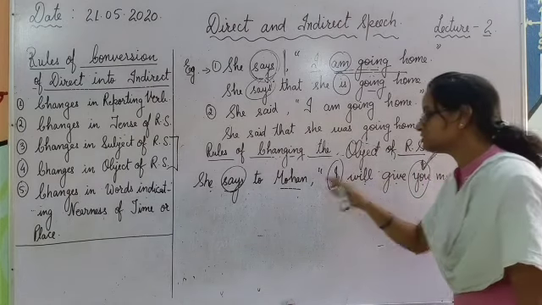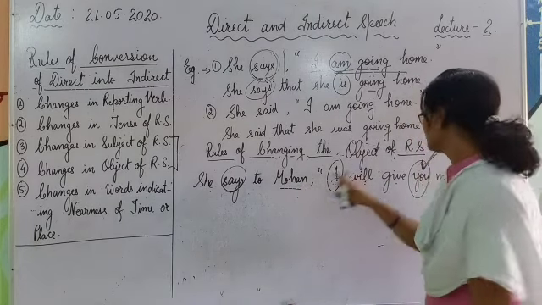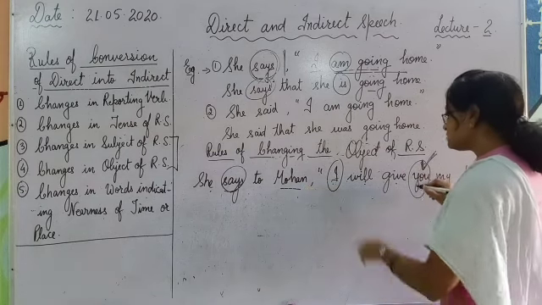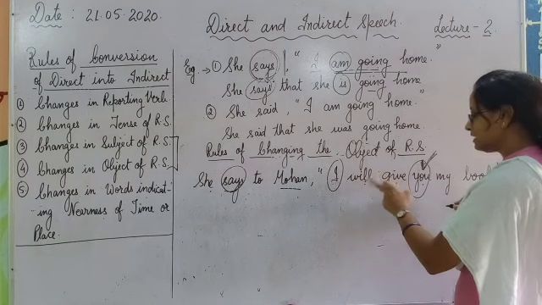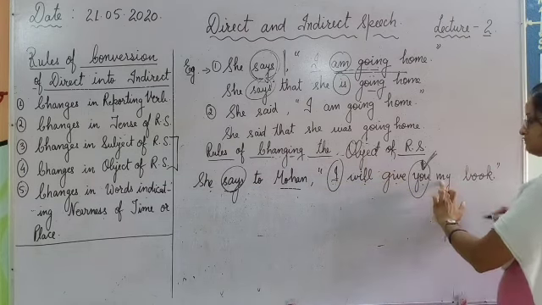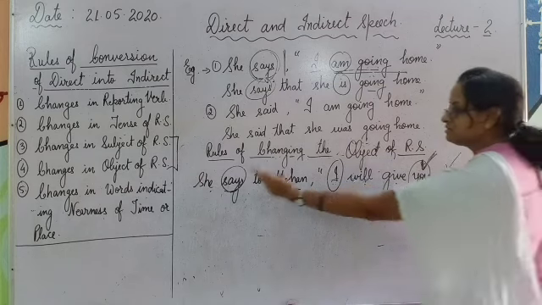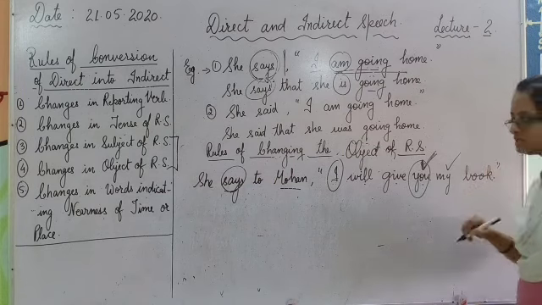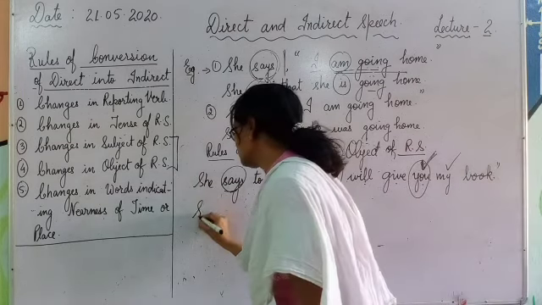This you will change according to the listener. Mohan is a boy or a man. So she will give him. My, again first person, according to she, so my will become her. Book will not change. So what will be your answer?